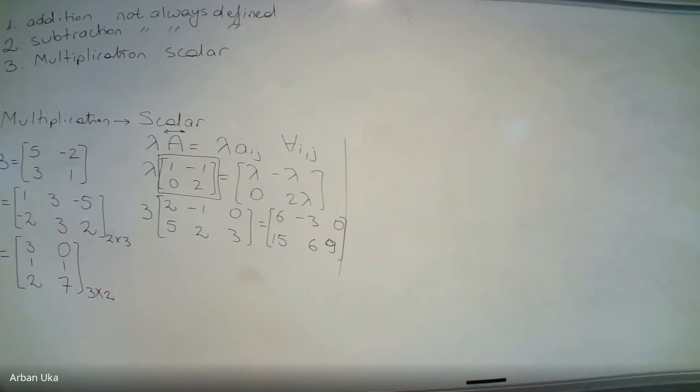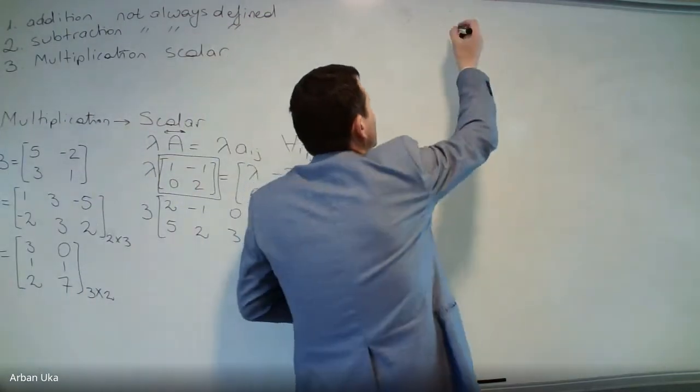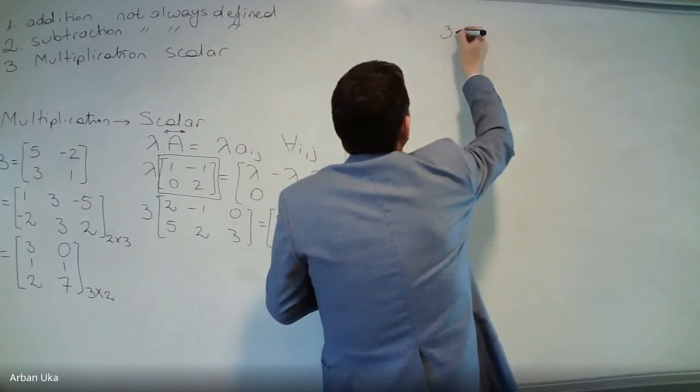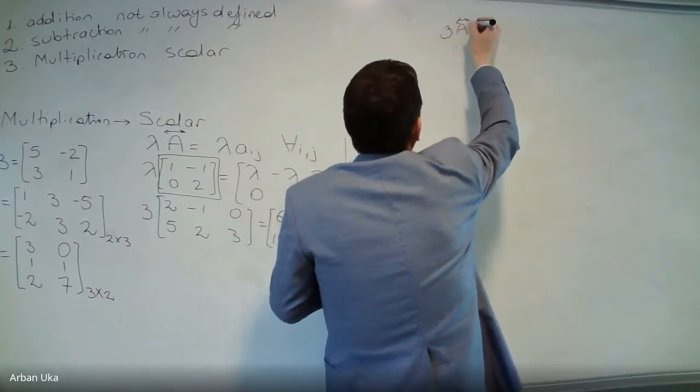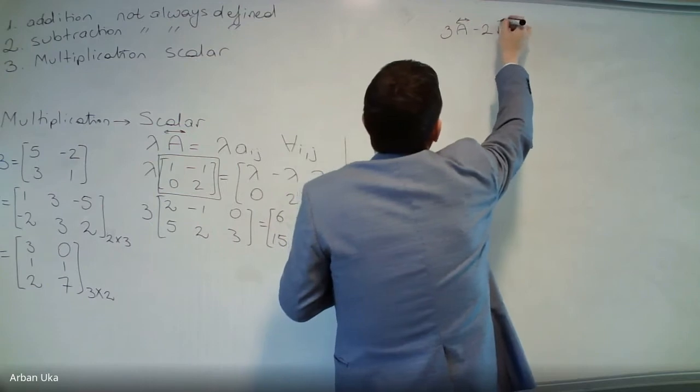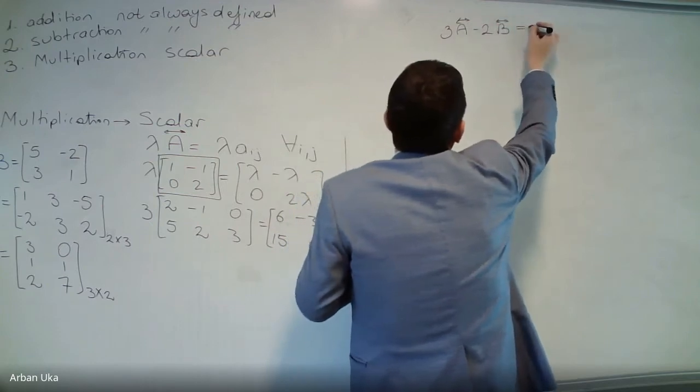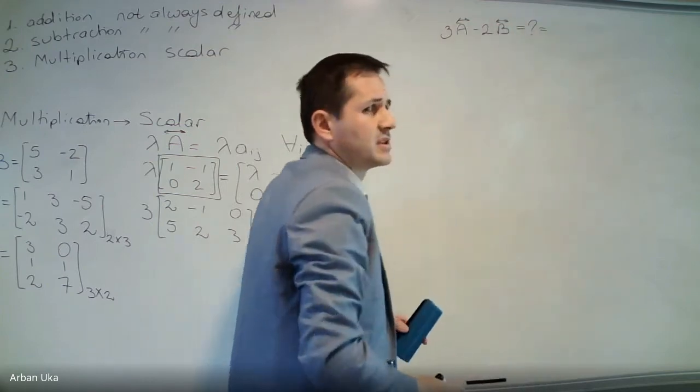Now we are going over the multiplication by a scalar. Let's assume for a moment that we have an expression equal to 3A minus 2B. Let's find what this is equal to.